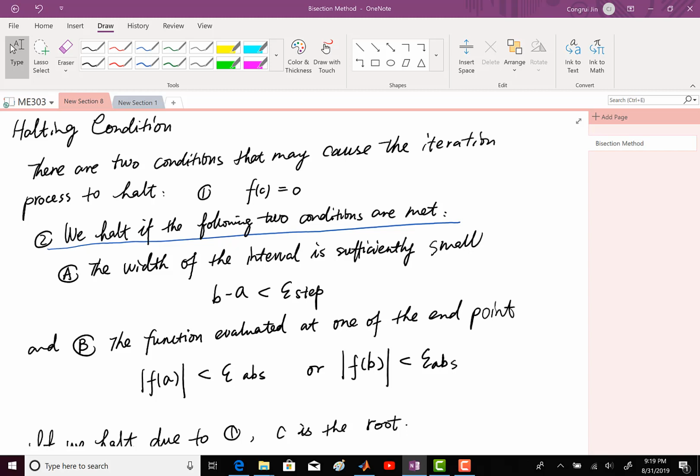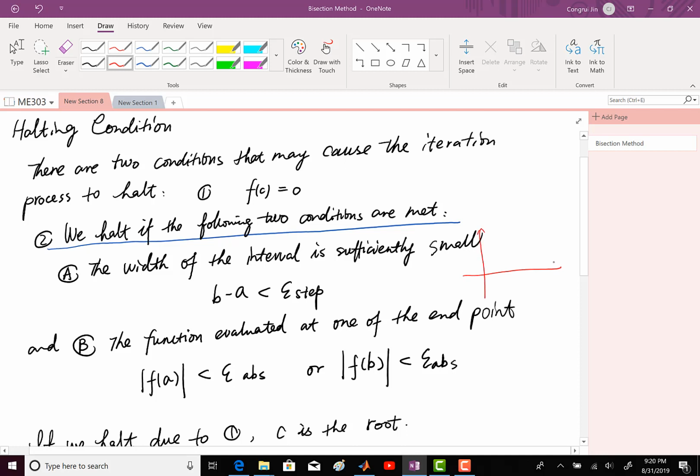Remember that when we use the bisection method, we do the iteration over and over again. After each iteration, the width of the interval will shrink by 1/2. So when we do a lot of iterations, the interval will become very small. Let me draw a function just to show you the idea.